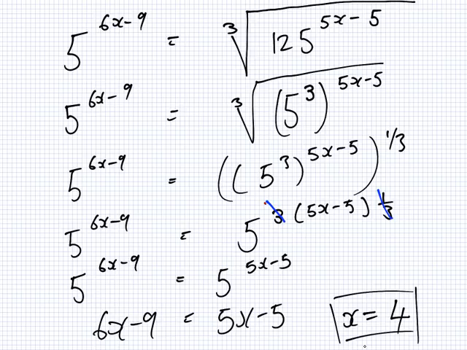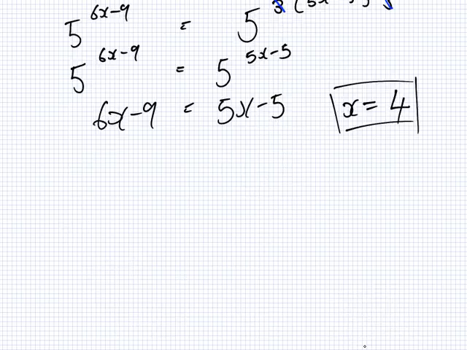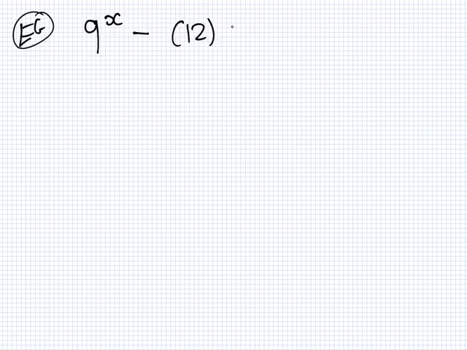Did you write this down? Yeah. You have this? We can do another example? Yeah. Okay. Let's do a harder one now. Example. 9 power x minus 12 times 3 power x plus 27 equals 0.